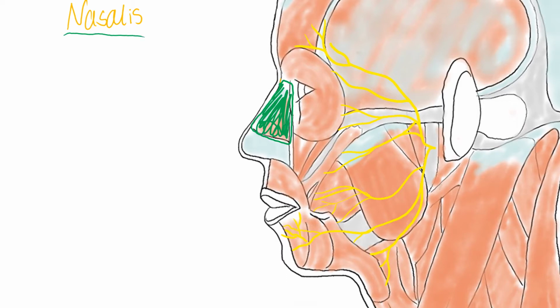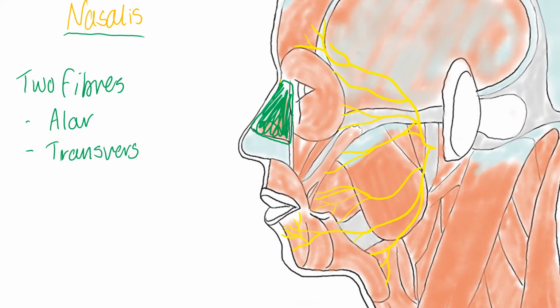Now, nasalis, like all the other muscles, is innervated by the facial nerve, the zygomatic branch of the facial nerve. It has two sets of fibers. It has the alar fibers and the transverse fibers.